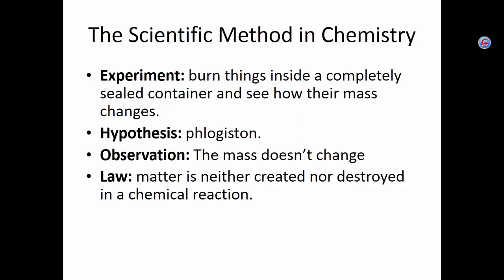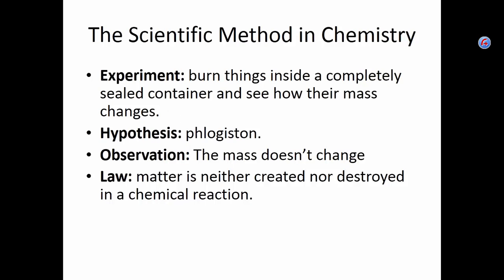But with these experiments, they were able to come up with a scientific law, and this is an important one. It's called the conservation of mass. This law states that matter is neither created nor destroyed in a chemical reaction. And this is one we will be using throughout the semester as we look at chemical reactions.